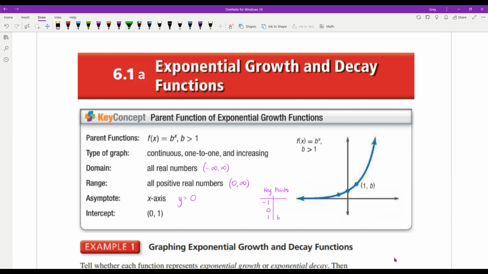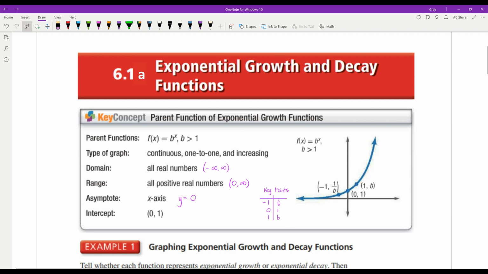If x is 0, then y is always 1, which is our y-intercept of 0, 1. And if it's negative 1, it's b to the negative 1, which is 1 over b. And that's an easier way to think about it. Negative 1, 0, 1; 1 over b, 1, and b. These two are always reciprocals of each other.